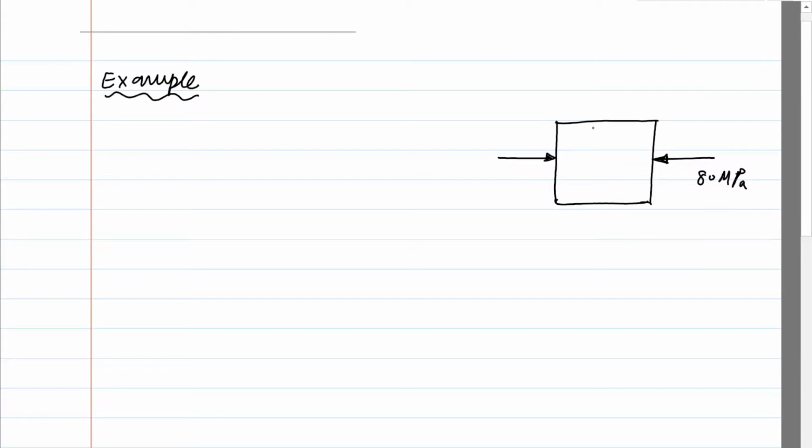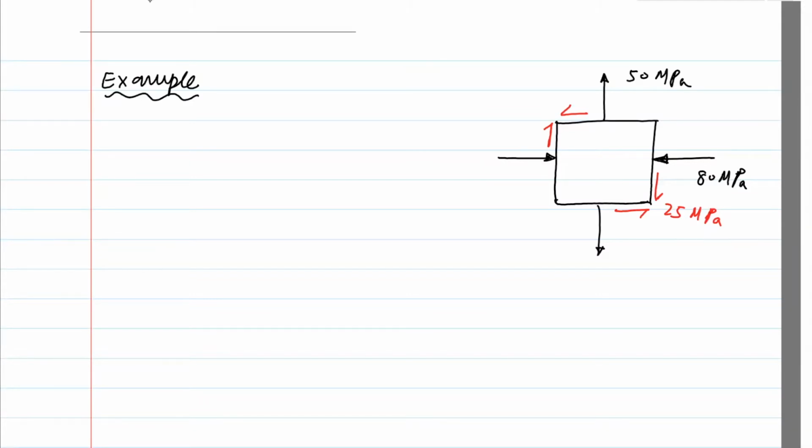That's the same as 80 MPa, I just won't write it down. 50 MPa in tension, same 50 MPa on the other side. And then I'm going to show some shear stresses, and they are 25 MPa.